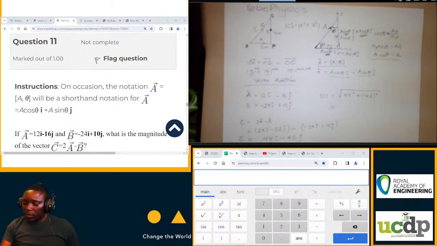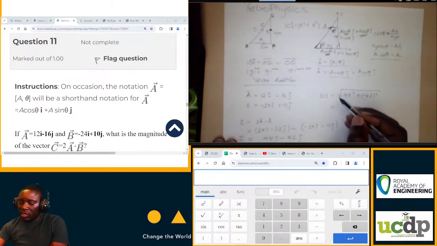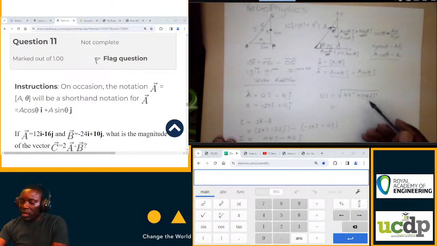So taking like components together, 24i plus 24i gives us 48i, and minus 32j minus 10j gives us minus 42j.